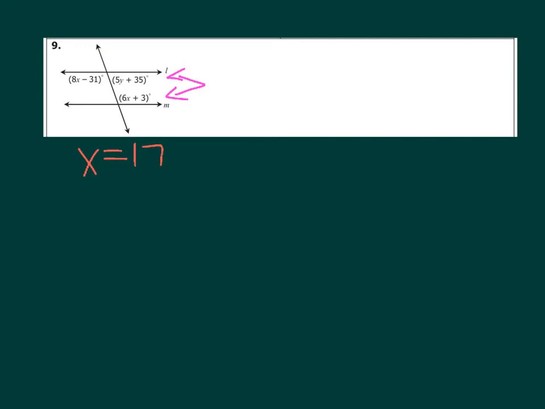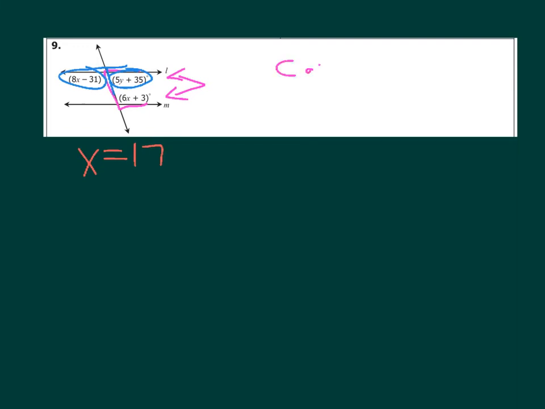So I'm looking at the value of 5y plus 35 and 6x plus 3. And I'm thinking that these are consecutive interior angles. Now it is worthy to note that 8x minus 31 and 5y plus 35 are a great example of a linear pair. Consecutive interior angles or linear pairs, either way, points to a supplementary relationship.